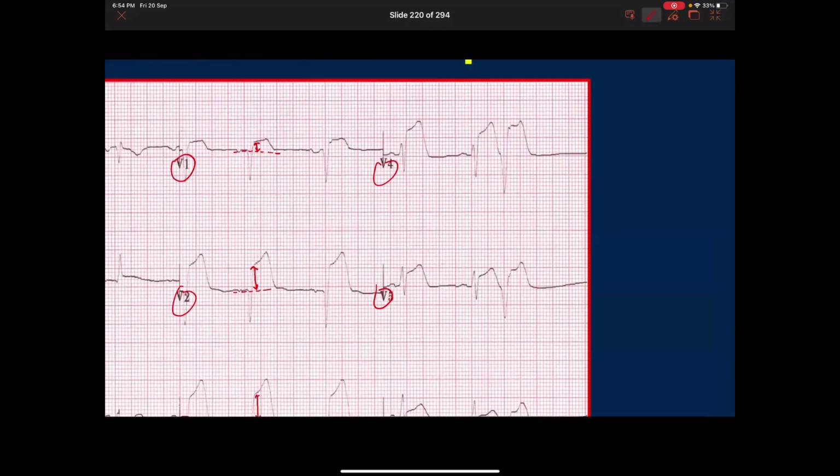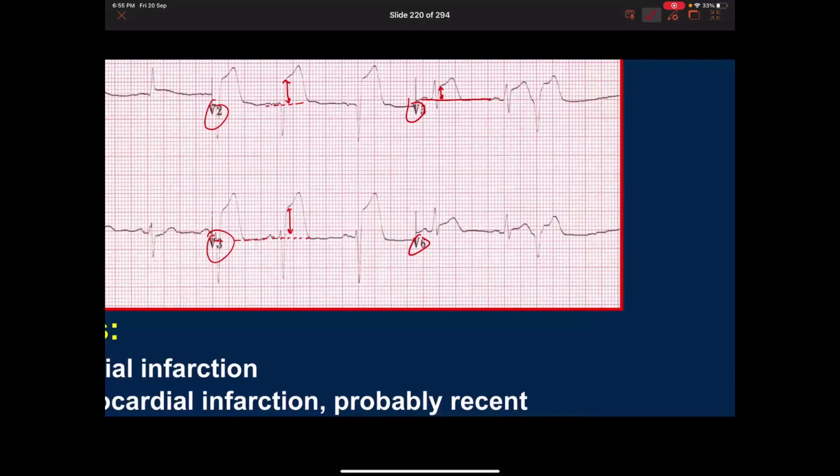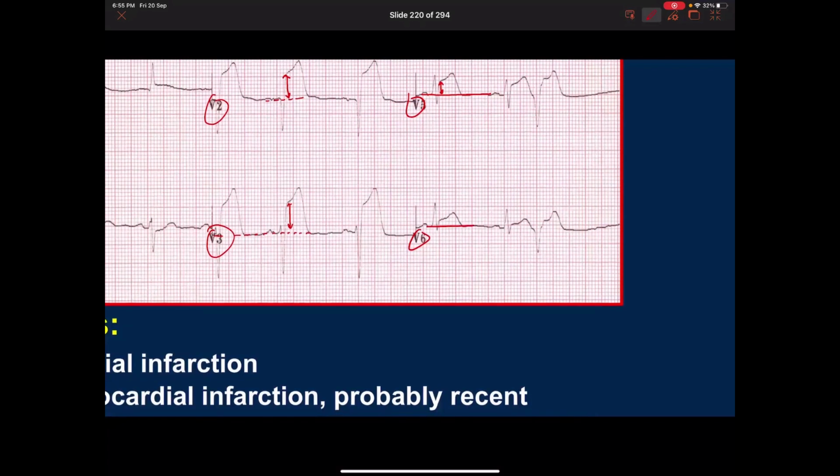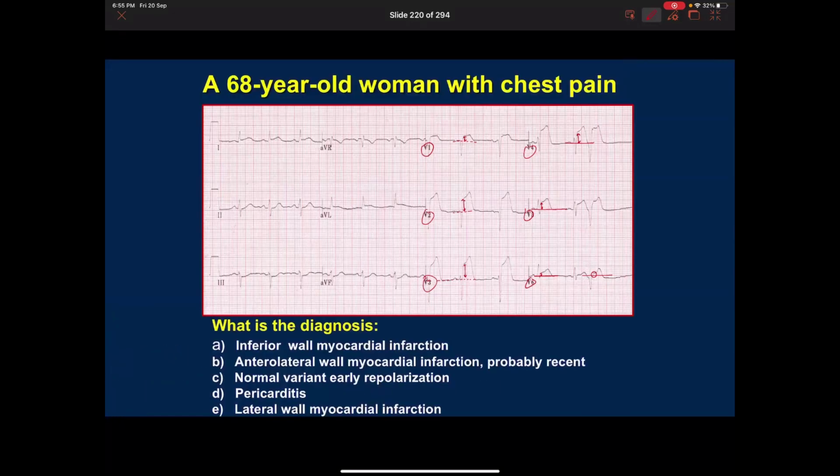In V4, this is the isoelectric point, this is the elevation. Isoelectric point, elevation. And in V6, I agree. It's like 1.5 squares, just it's there. So this is elevation. Okay. What else? Where else do you see it?